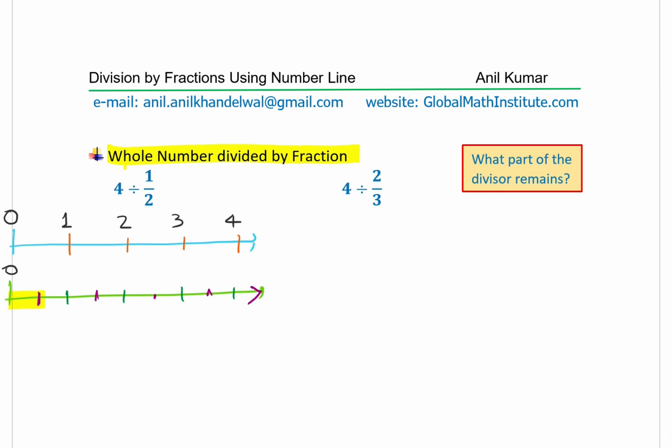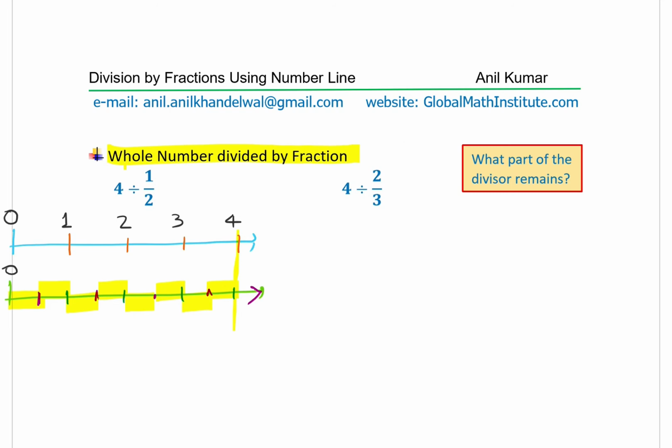Now let us see how many halves can be accommodated in 4. So we got 1/2. So let me show this as 1, 2, 3, 4, 5, 6, 7, and 8. So in all, we have 8 halves evenly divided, right?